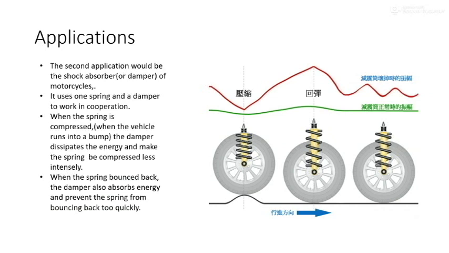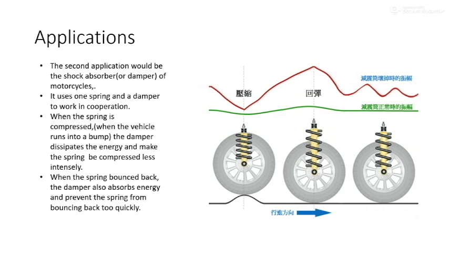The second application will be the shock absorber of motorcycles or cars. When a motorcycle runs into a bump, the spring in the shock absorber is compressed, and the damper inside of it will dissipate the energy and make the spring become pressed less intensely and make the driver feel less jumping, feel more comfortable.